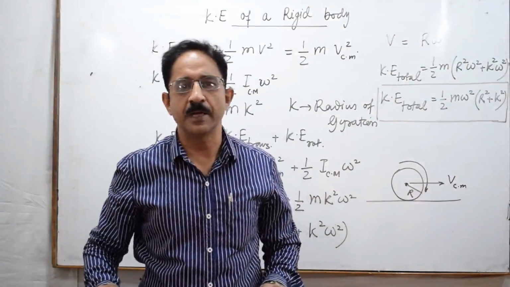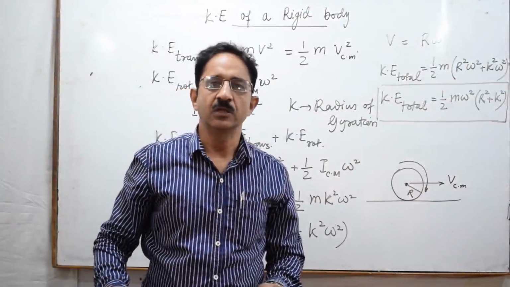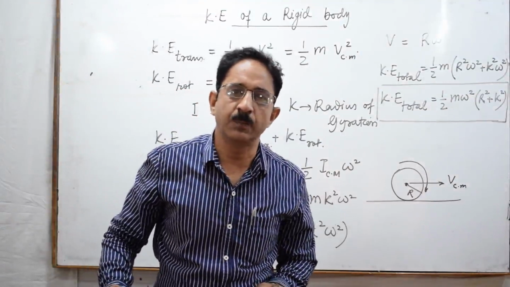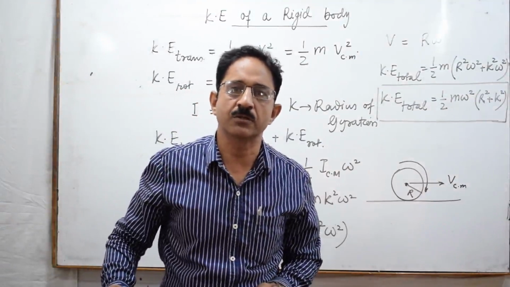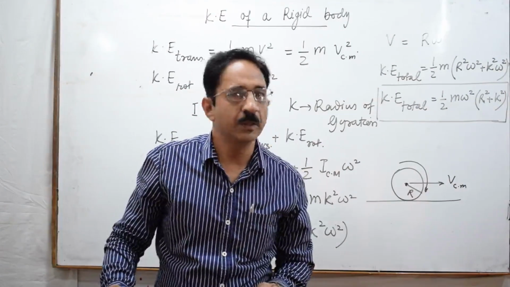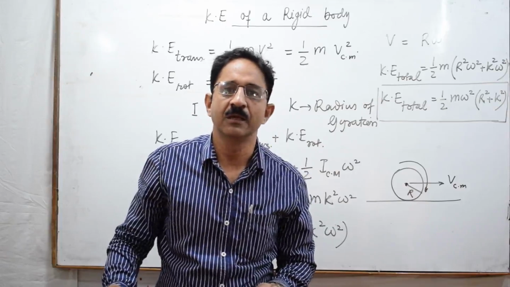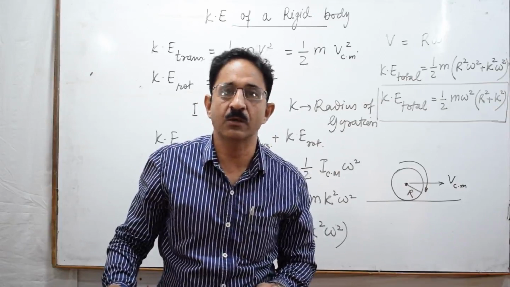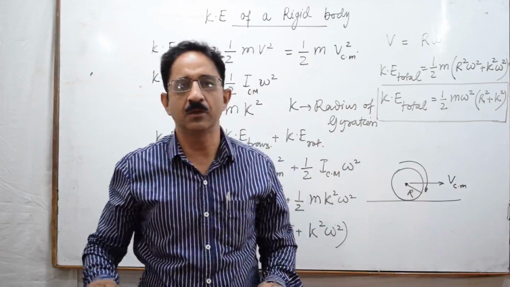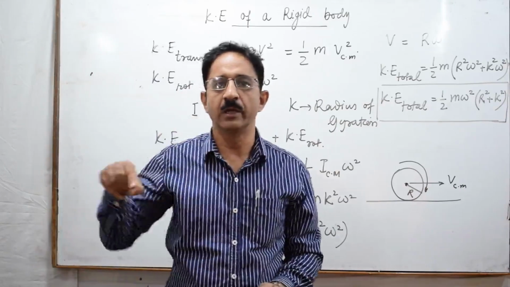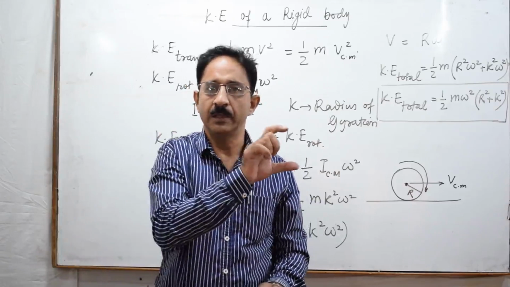Now here, surprisingly, you will see that friction, which we consider a force that always tries to destroy the relative motion, in this case is interestingly something which is going to cause the rotation. If friction is absent, there would probably be no rolling of the body.